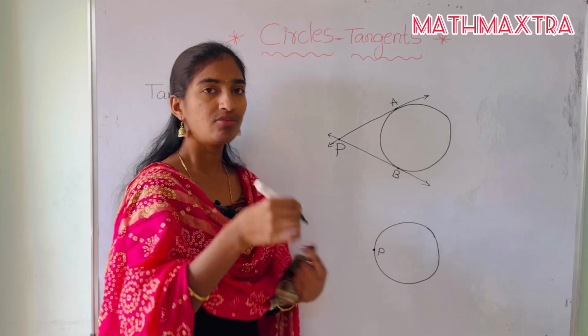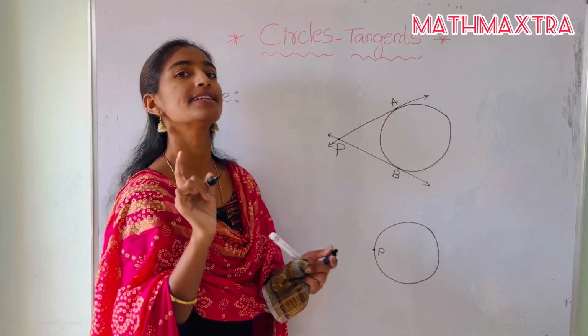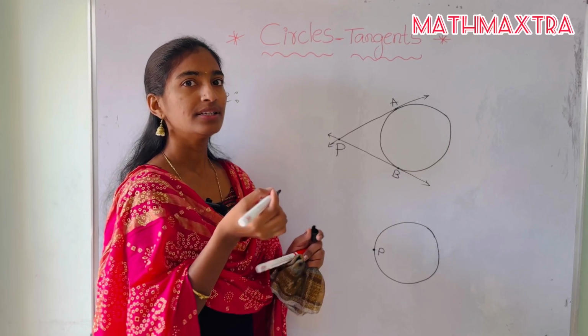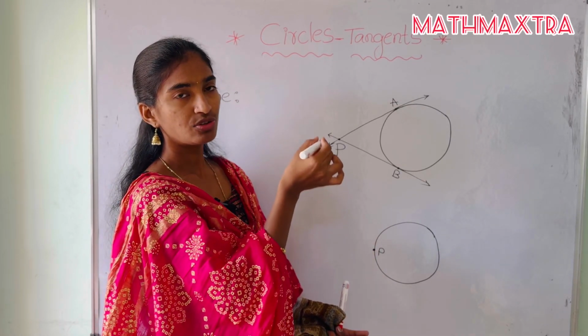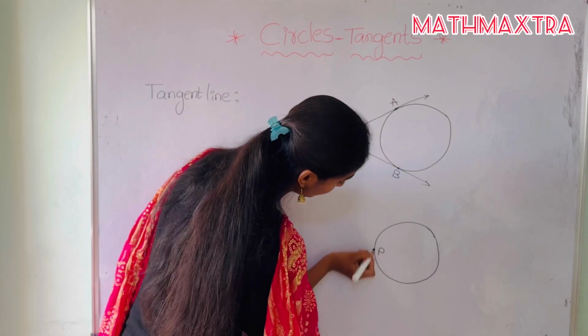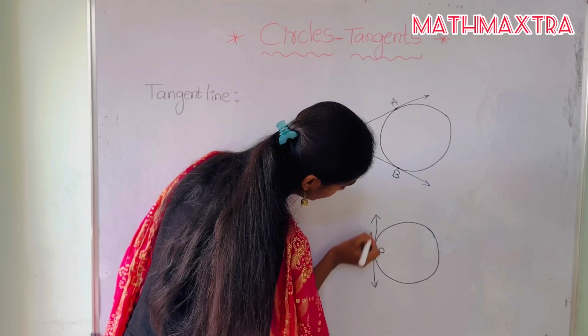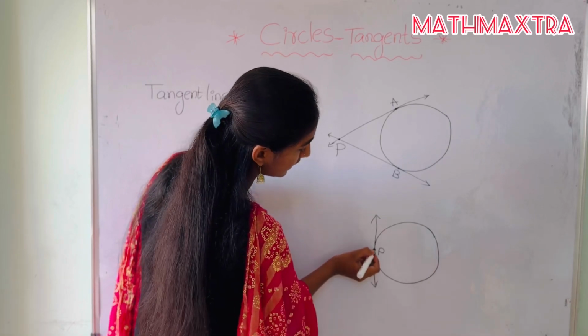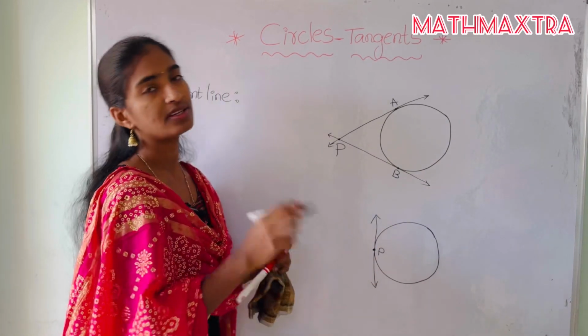The tangent definition itself tells us that it must touch the circle at exactly one point. That point itself is on the circle, and we should draw a line which must pass through this point. So this is the only one tangent that you can draw through the point which is on the circle.